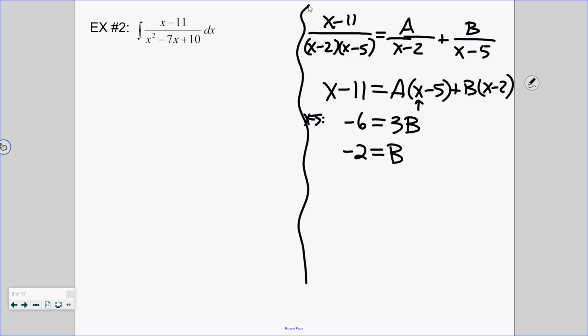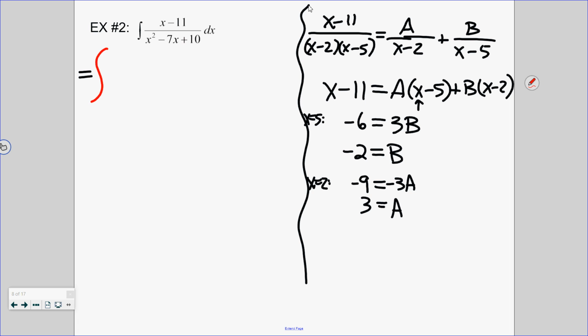So I've now found out what B is. And then I'm going to let x equal 2 because that will make the other term 0. So I will have 2 minus 11, which is negative 9, equals negative 3A. So A is 3.